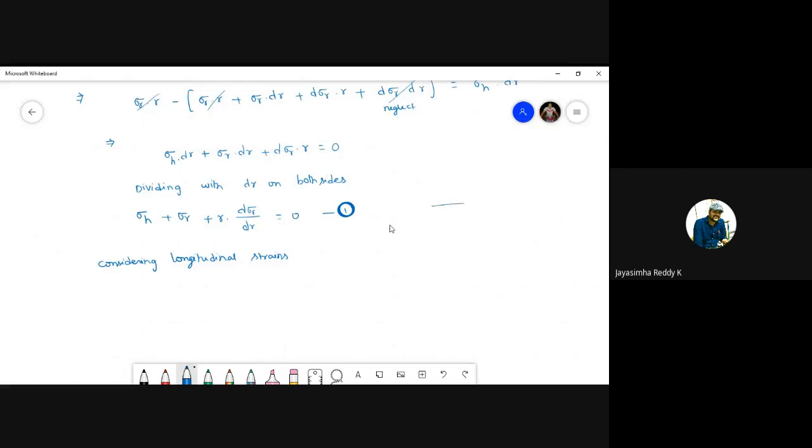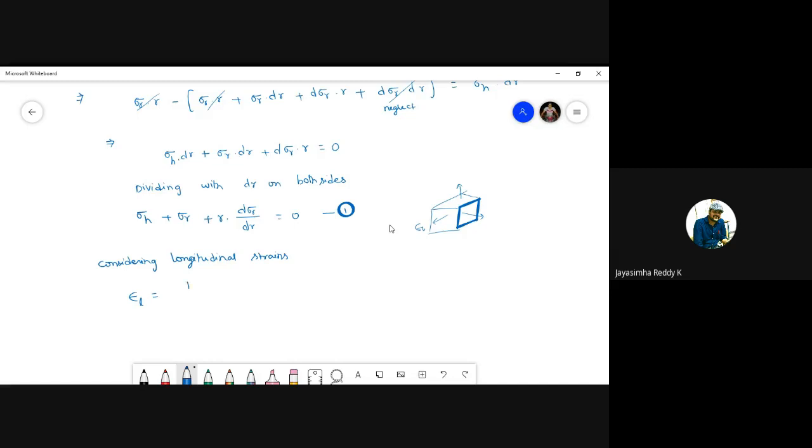You see students, we have already seen that in Hooke's law, if the stresses are acting in 3 dimensions, like this, like this and like this, what we can do is sigma L. So epsilon L will be acting in this direction, whereas the radial stress and hoop stress will be acting in the opposite direction.